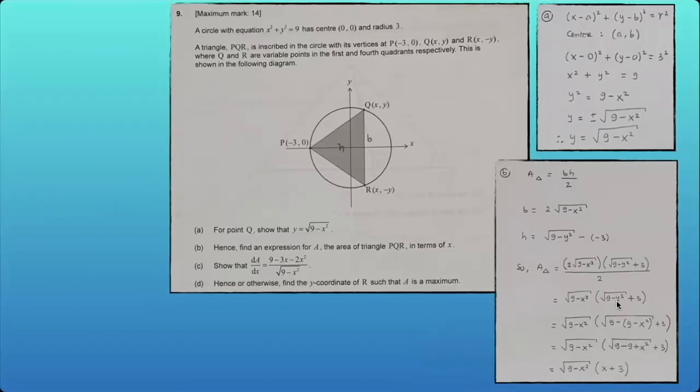And we can replace y with that expression, square root of 9 minus x squared. The square root is gone, so we end up with that expression. 9 subtracted by 9 is 0. So this is the expression for the area of a triangle.